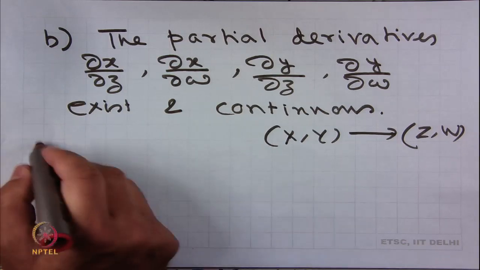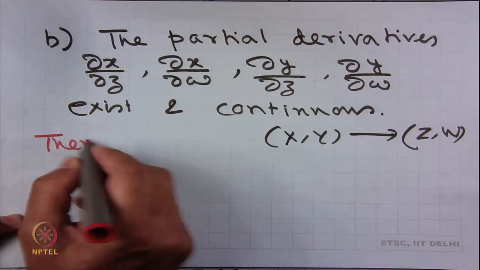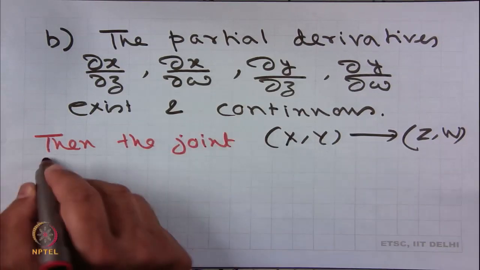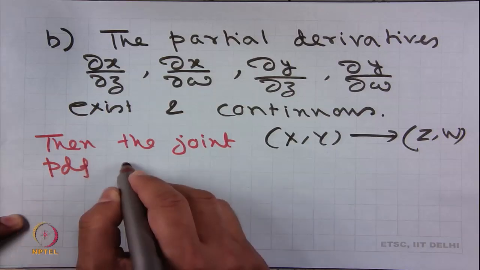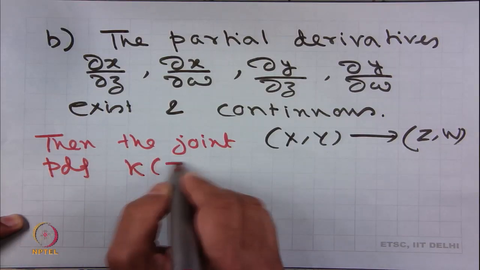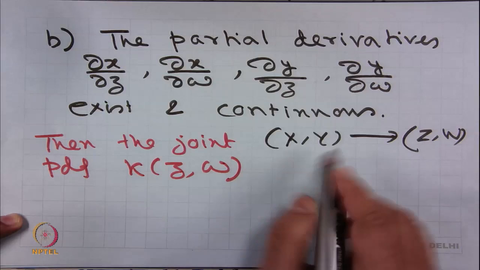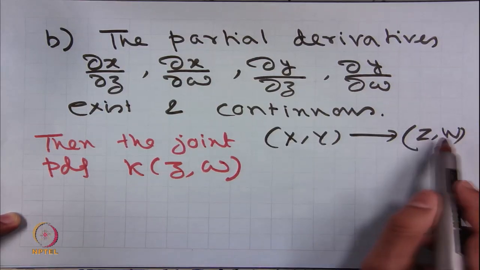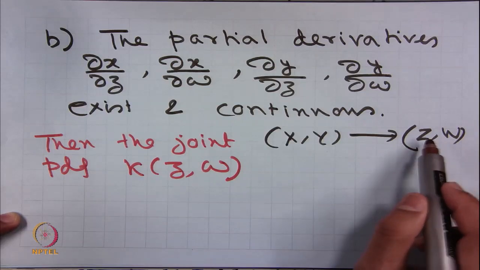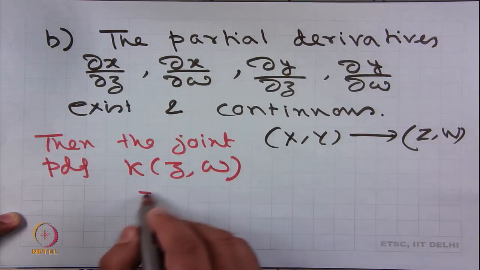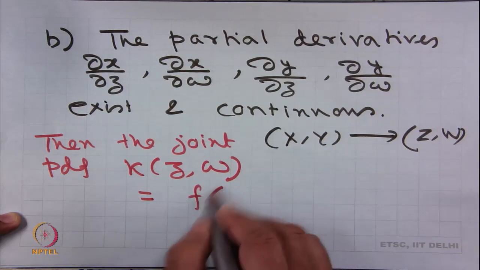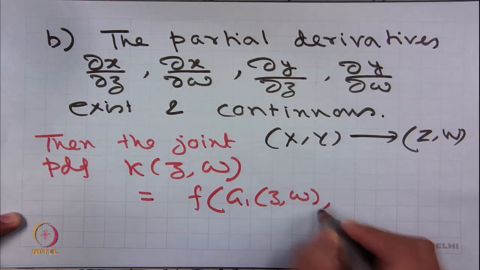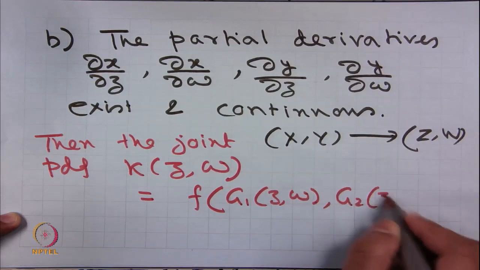Then the joint PDF k of z w. So, we are looking at the joint probability density function of these two random variables z w, which is f at g1 of z w, g2 of z w.